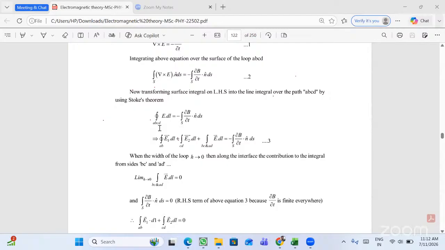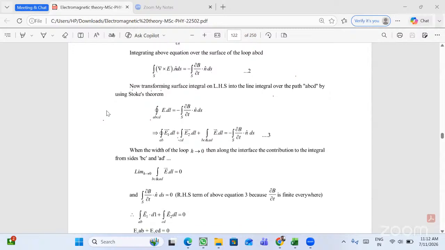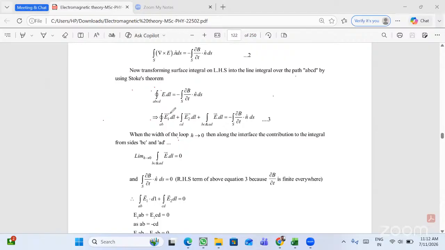Now this line integral of ABCD, we will convert into the AB length, the BC length, the CD length, and the DA length. So here in this case, if you observe, we have written this part into all of these. In medium 1, the length AB and E1 dot dl we have written, and in medium 2, E2 dot dl over CD we have written.